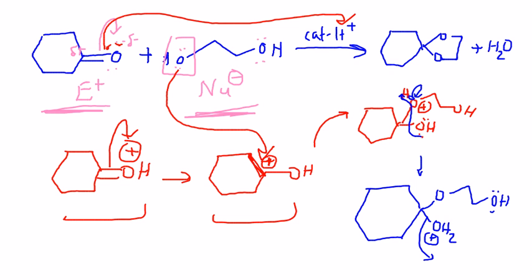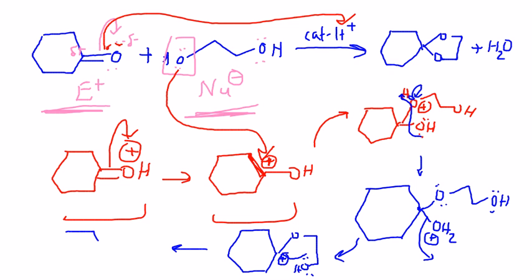It's a tertiary, or rather secondary, carbon with an oxygen right next door, so I'm going to give it that positive charge. And now you can ring close, or close the ring.